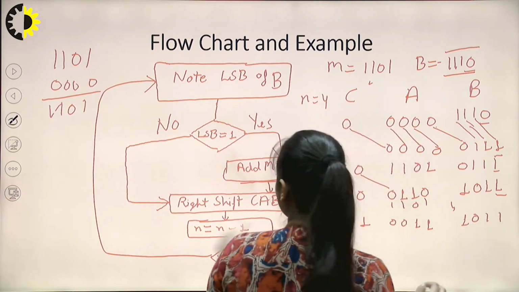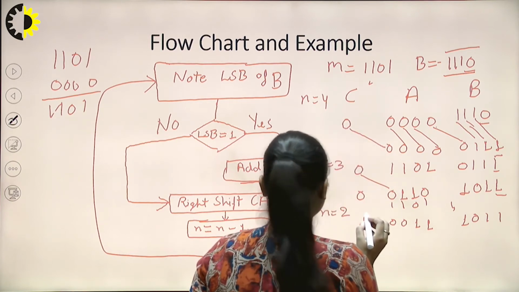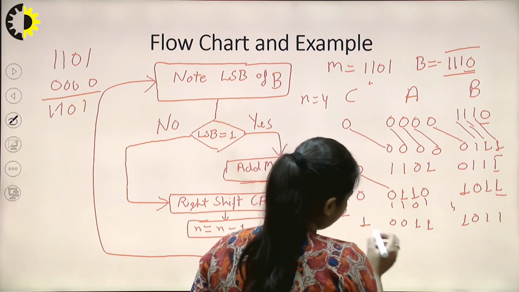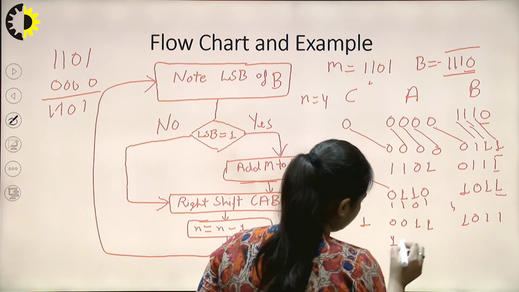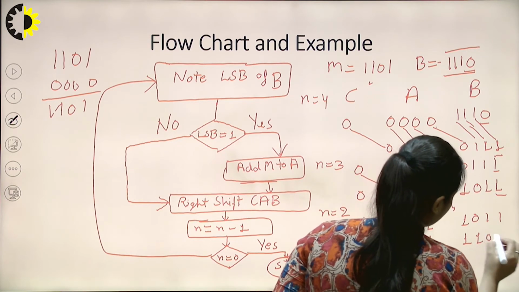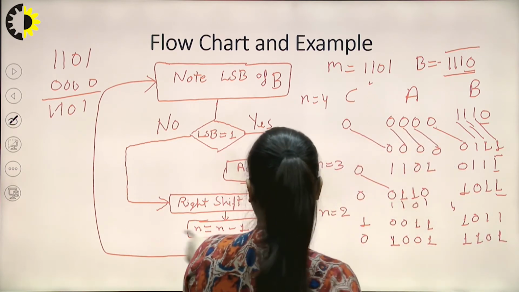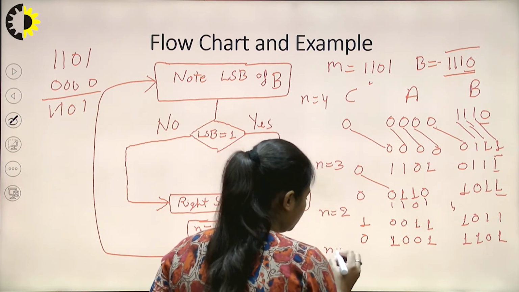We will apply the right shift CAB, so these bits will be shifted by one place. So 1001 1101 and carry would be 0 again. Now we will decrease the value of n. Now n is equal to 1.